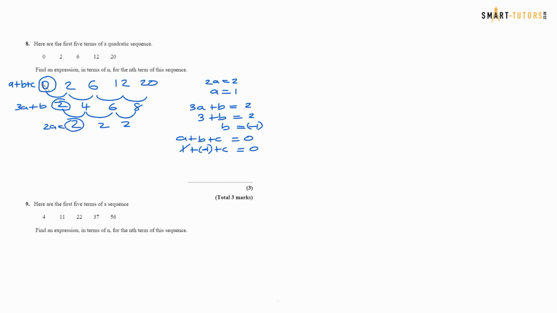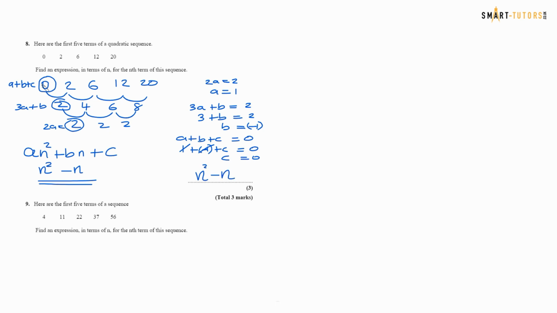So 1 and minus 1 cancel, so c equal 0. The general equation is an squared plus bn plus c. If you substitute the values, 1n squared, so n squared, b value is minus 1, so minus n, c value is 0. So the answer is n squared minus n.